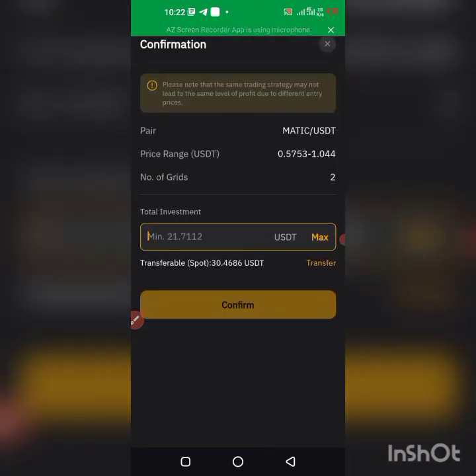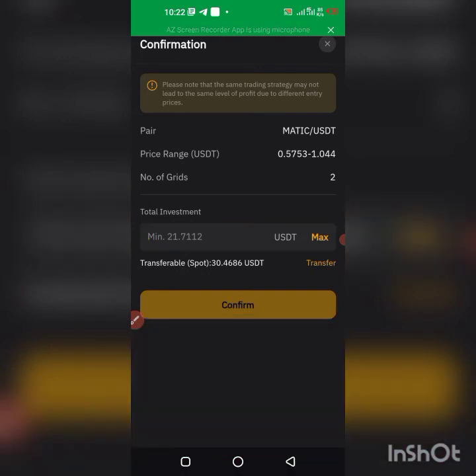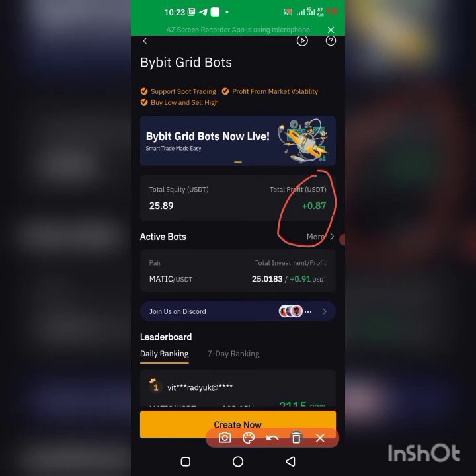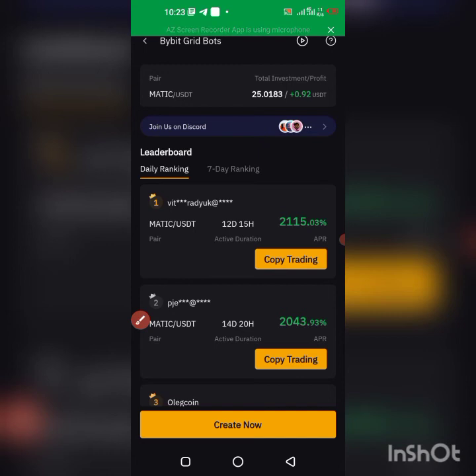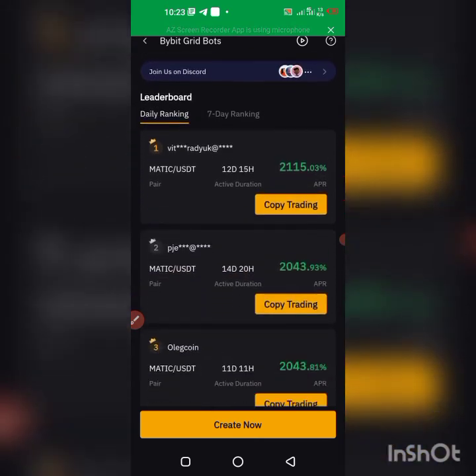You input your amount, click on confirm, and the bot starts working and starts making profit for you just like this, because this was just created an hour ago and it's already making profit for me. So that's just it, guys. Very simple. Just head over to Bybit, look at the leaderboard, look at what is trending.